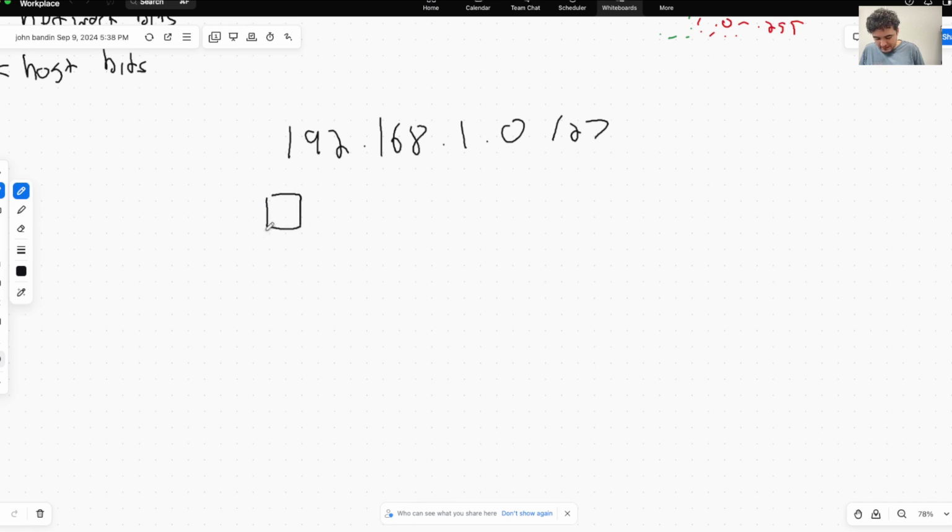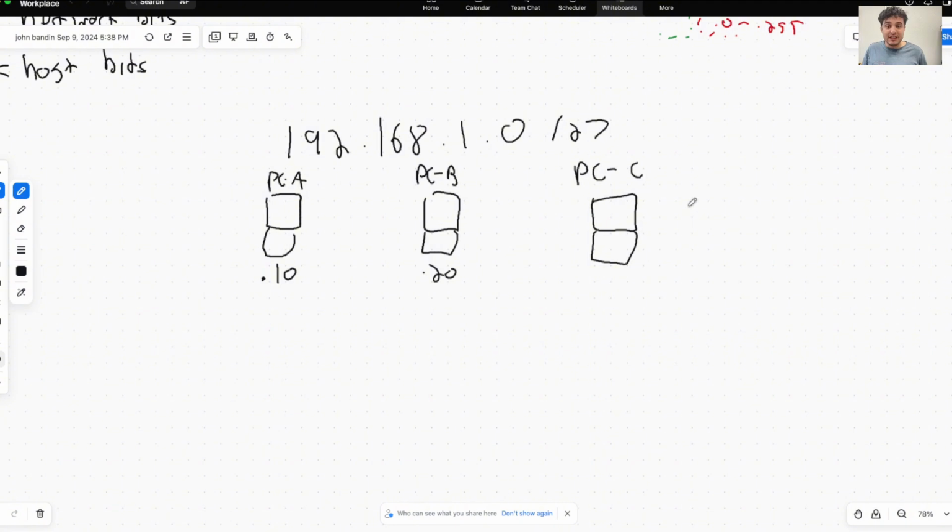So I have PCA here, and this is going to be 192.168.1.10. I have PCB here, and this is going to be 192.168.1.20. And I got PCC here, and this is .40. Okay, so they're each going to get a /27.